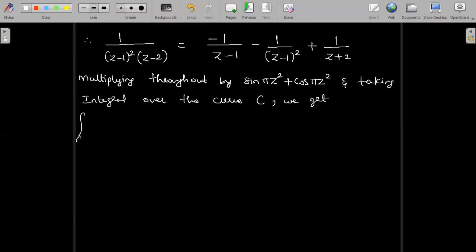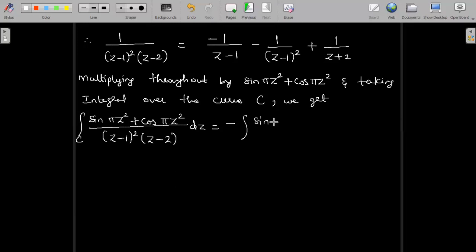So what do we get? Integral over the closed curve C of sine pi z square plus cos pi z square divided by z minus 1 the whole square into z minus 2 dz is equal to, each integral I have to write down. First one is minus integral of sine pi z square plus cos pi z square divided by z minus 1 dz.